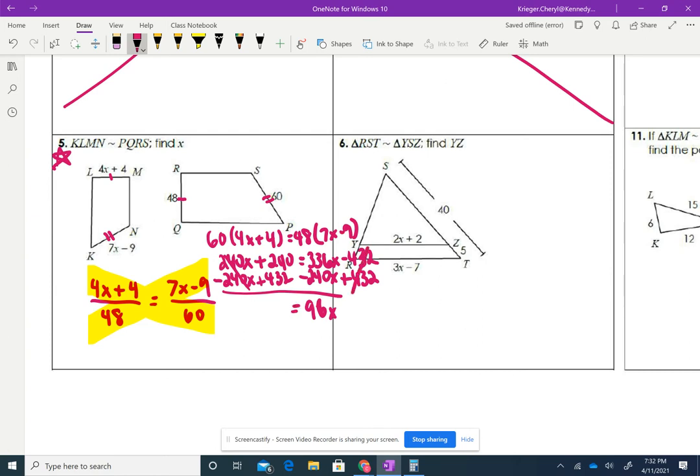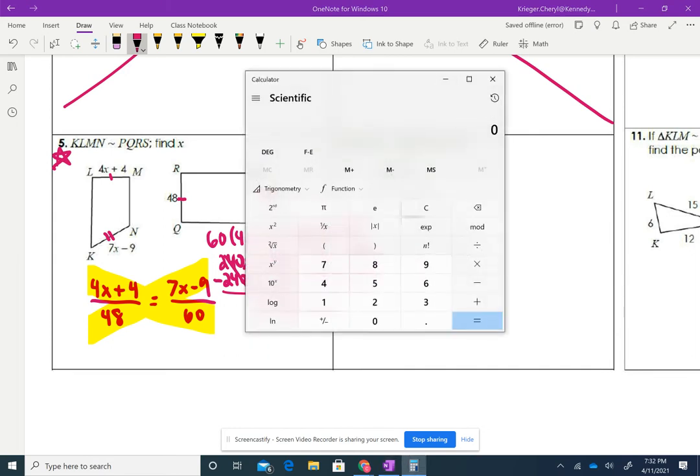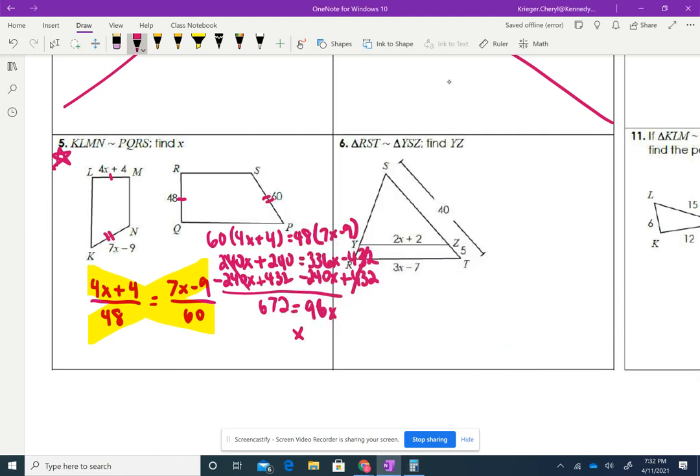And I think I can do this one. So it's 672. 672 divided by 96 is 7. So just some pretty simple algebra, but with big numbers. x is 7. All right, good.